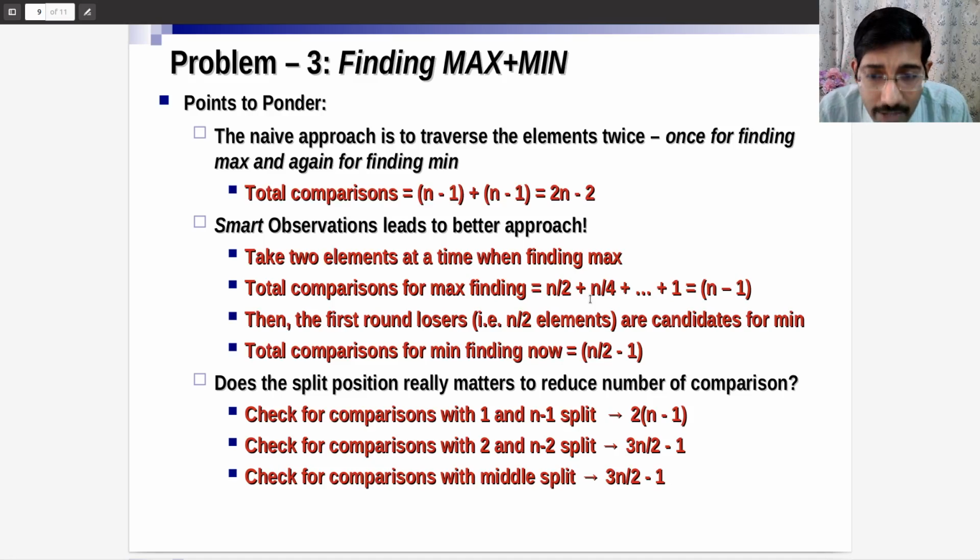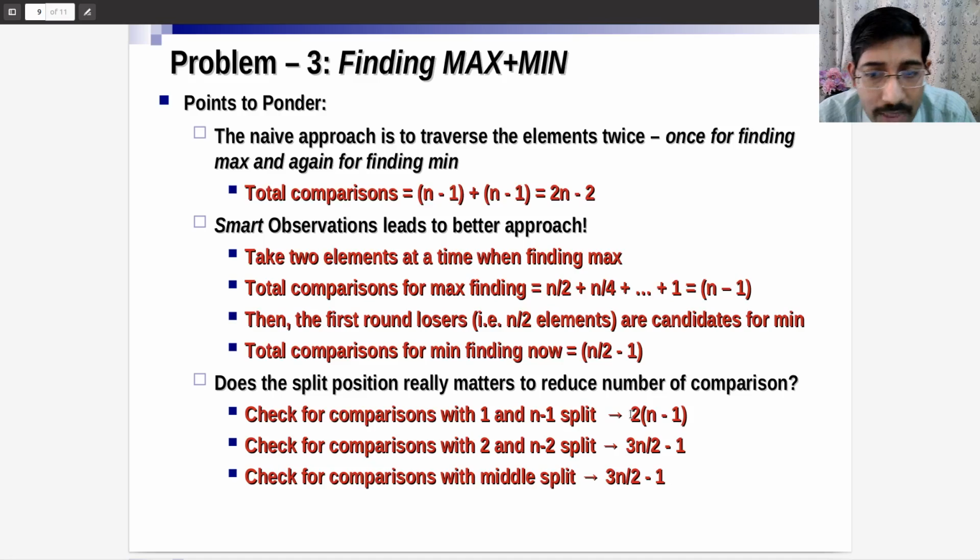Because if I have a 1 and n minus 1 split every time, then I have to compare twice with the result. This one element can be max and min both. From the n minus 1 I get a max and a min. So with this one element I need to compare twice. This step will go n minus 1 times and each time I compare twice.